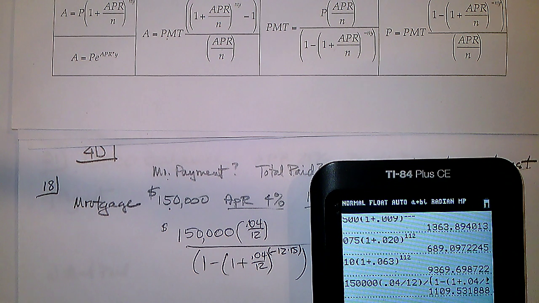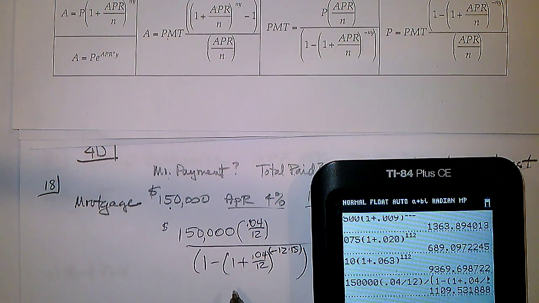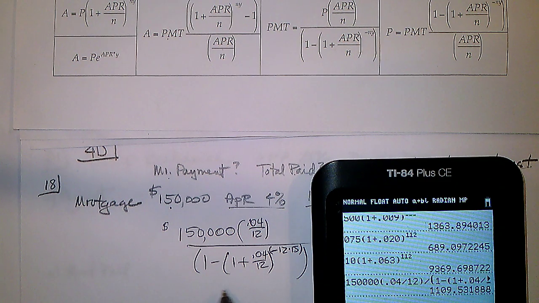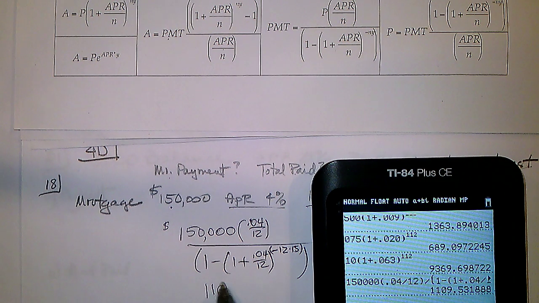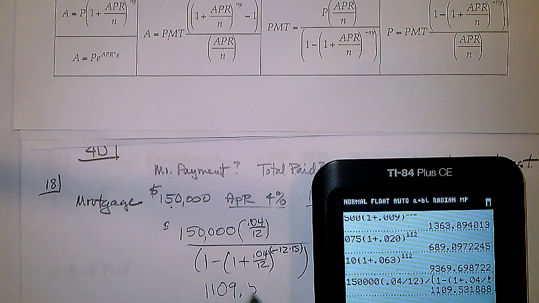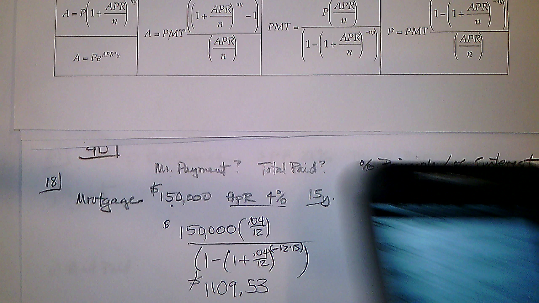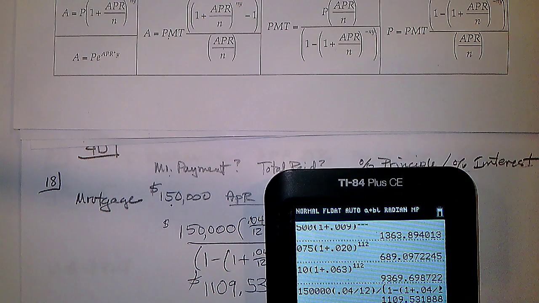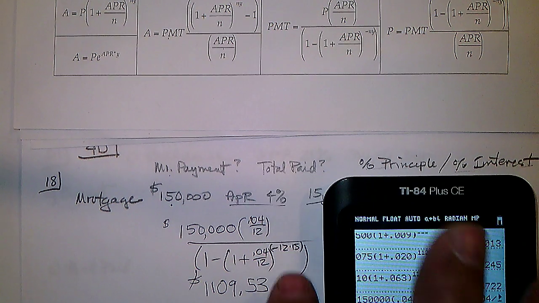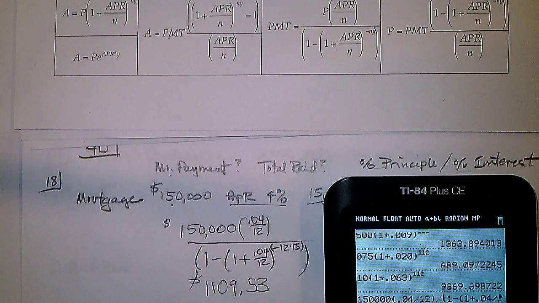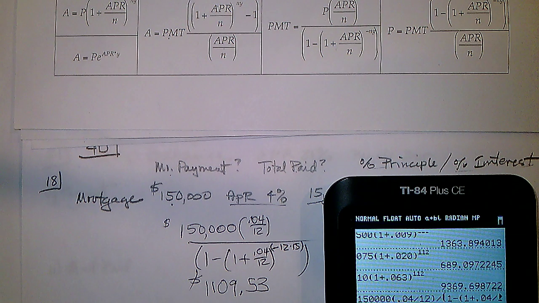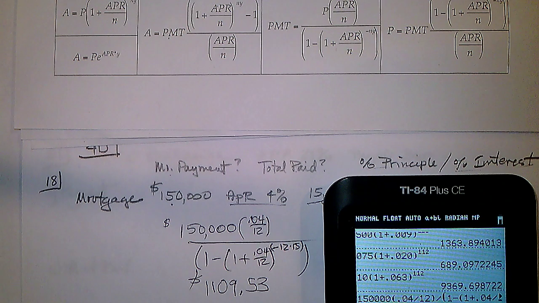So our payment on a $150,000 mortgage, a 15-year mortgage, is 1109.53. And if I keep the extra digits here and figure out how much I'd actually pay, I would take that times however many payments. And 12 times 15 is 180, so times that answer.